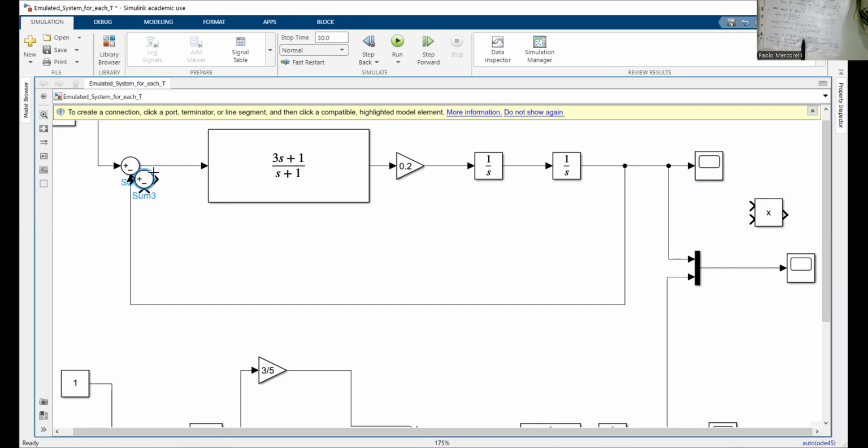In order to realize how this minus this, squared, integral.